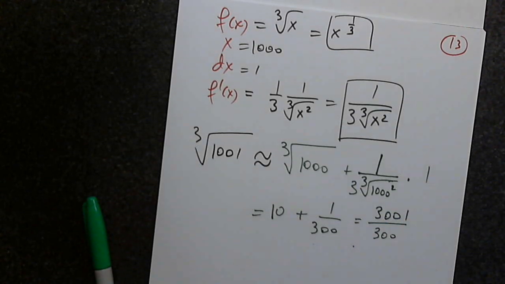So we had the cube root of 1001. The cube root is 1 divided by 3. And then 3001 divided by 300. Impressive, isn't it?